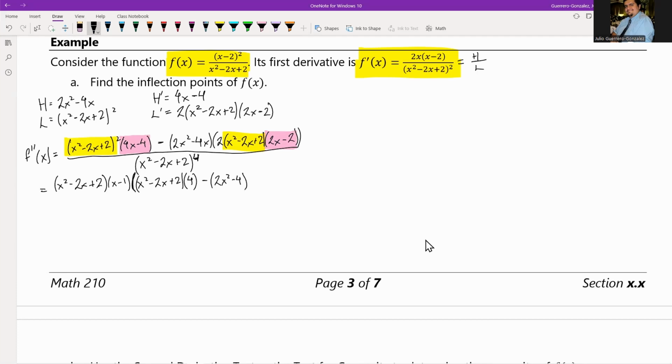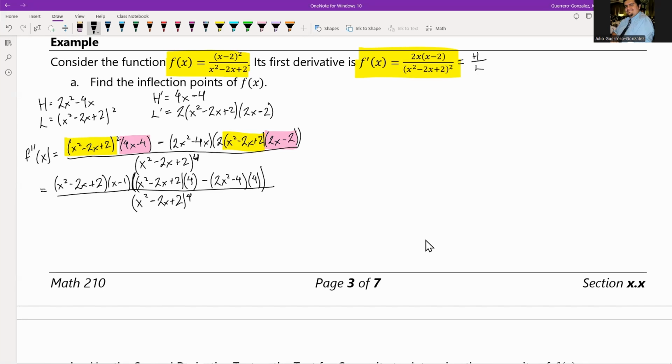And both of these got factored out. So that leaves me here with 4. So the 4 came from the 2 up front, and then the 2 that got left behind from this one. All over the bottom to the 4th, so x squared minus 2x plus 2 to the 4th.